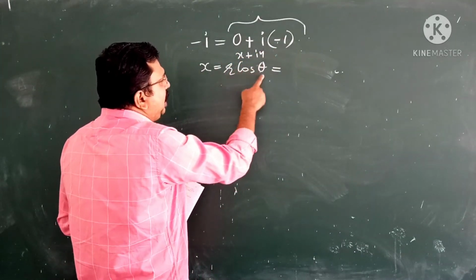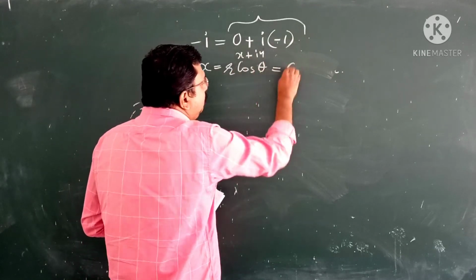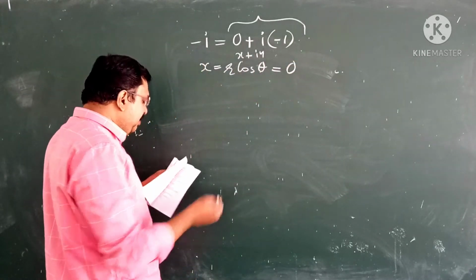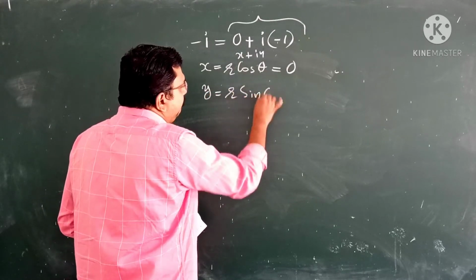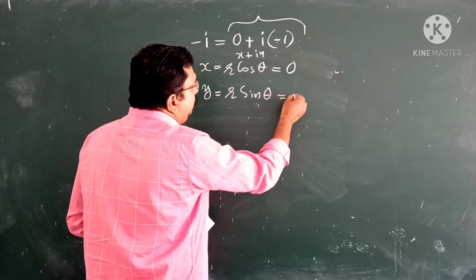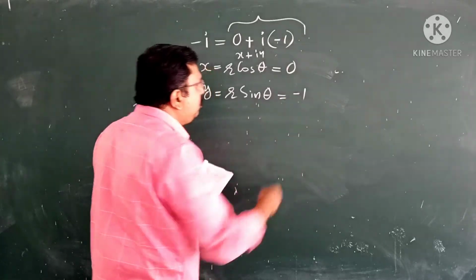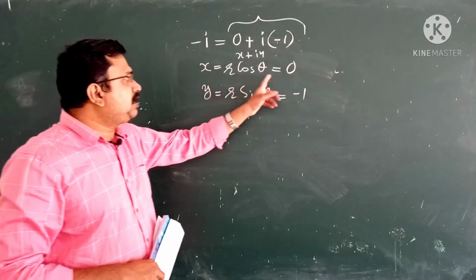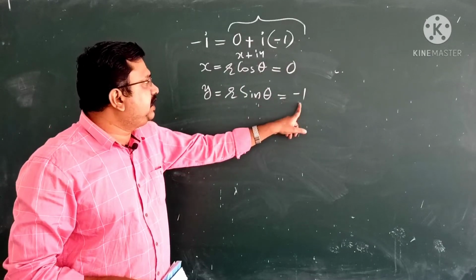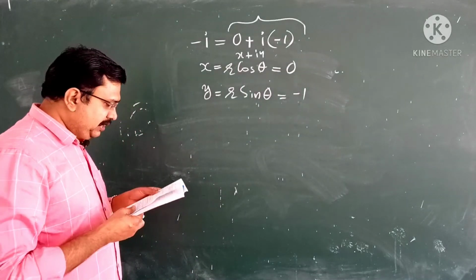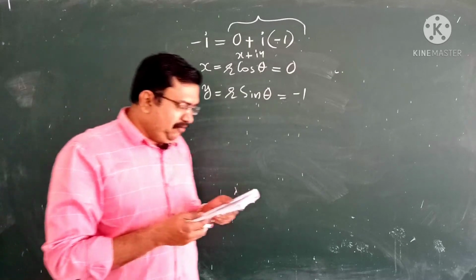Therefore, x equals r cos theta, which equals 0, and y equals r sin theta, which equals minus 1.